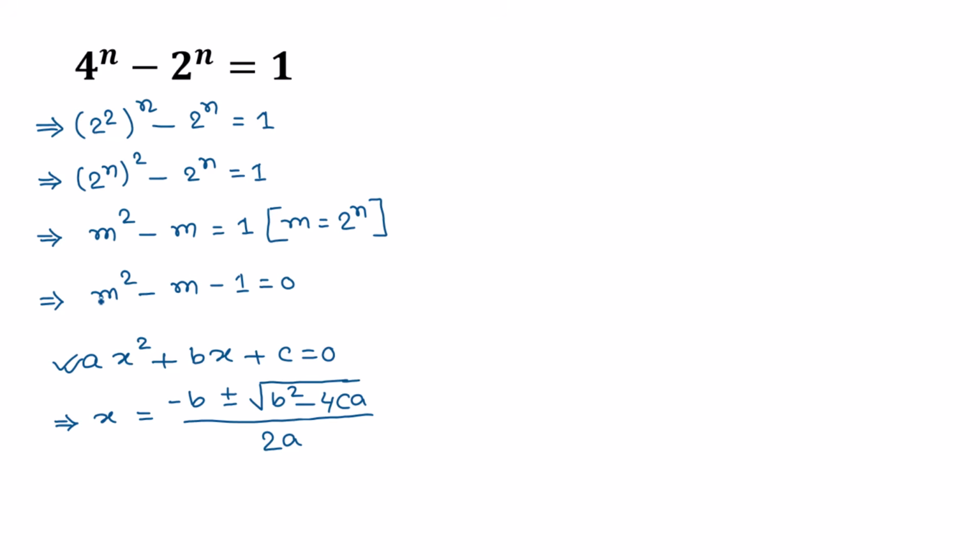Now comparing this equation with the general equation, a is the coefficient of the squared term, so the coefficient of m squared is 1, so a is equal to 1.